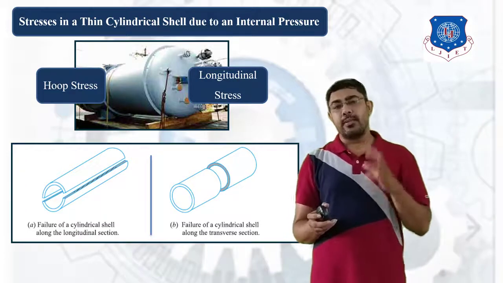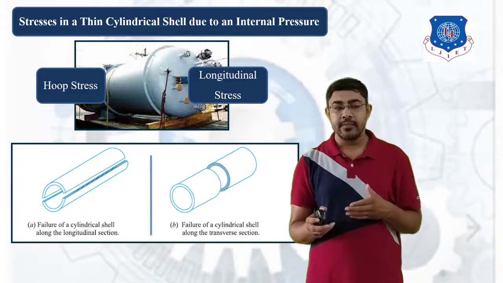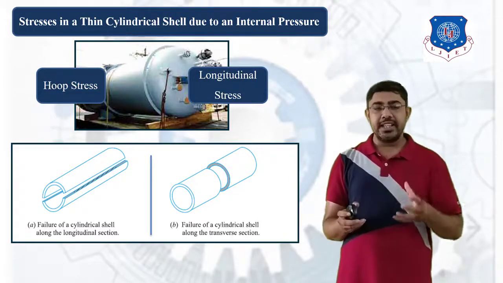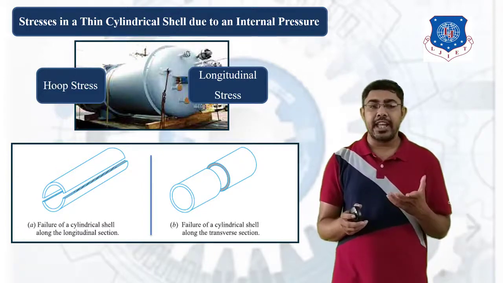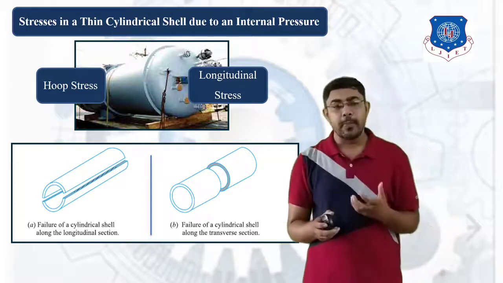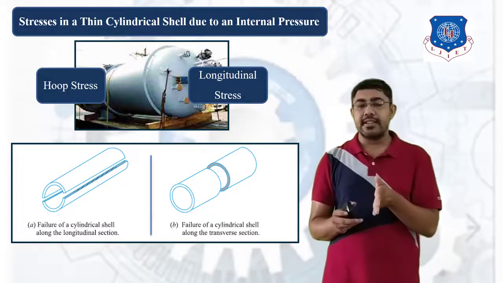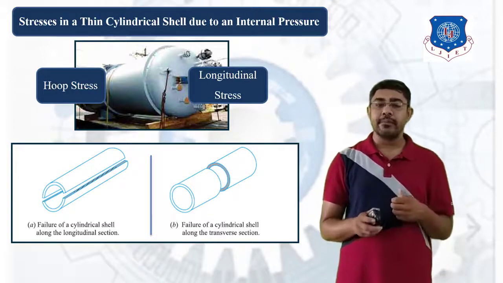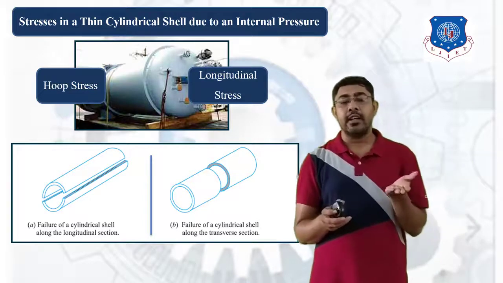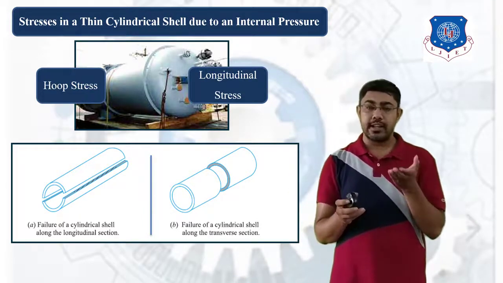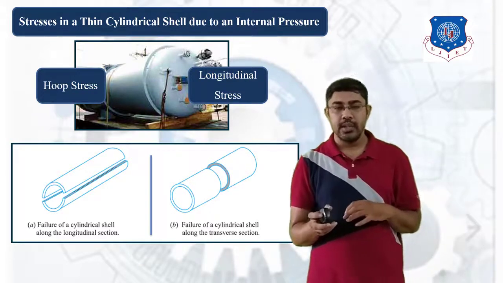There are two types of stress acting on the cylinder, hoop stress and longitudinal stress. If the failure of the cylinder is along the longitudinal direction, as shown in figure A, then hoop stress is generated, and if the failure of the cylindrical shell is along the transverse section, as shown in figure B, longitudinal stress is generated. So according to the failure of the cylindrical shell, hoop stress and longitudinal stress are produced.